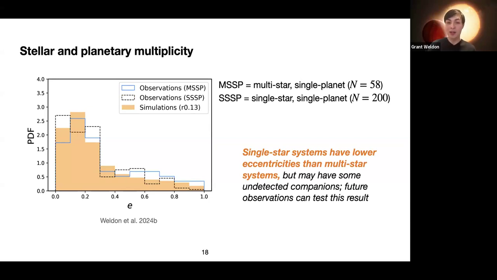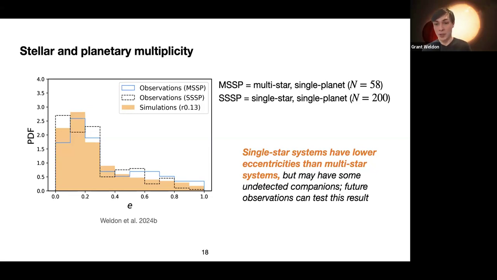Although there is some evidence for the action of EKL at higher eccentricities. And so this could suggest that some of these systems may have an undetected stellar or even planetary companion. These data were taken from a heterogeneous sample, and so future observations could systematically search for planetary and stellar companions to confirm or reject this hypothesis.